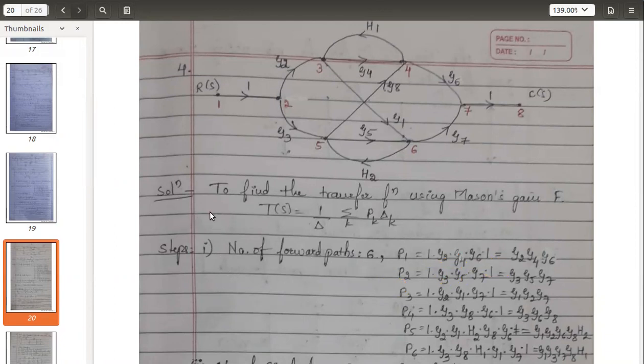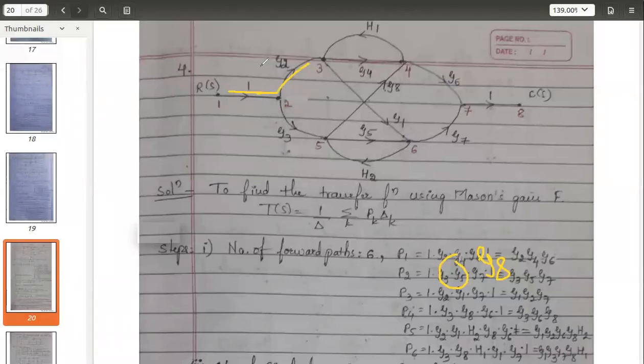Just a second. There's some problem here. Okay. The first forward path is this one.